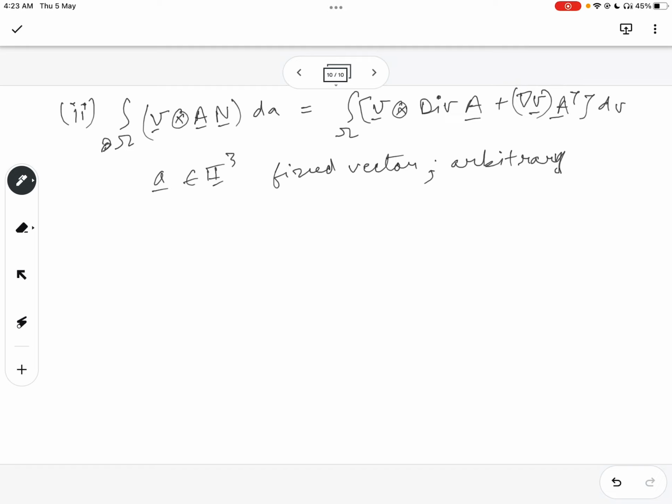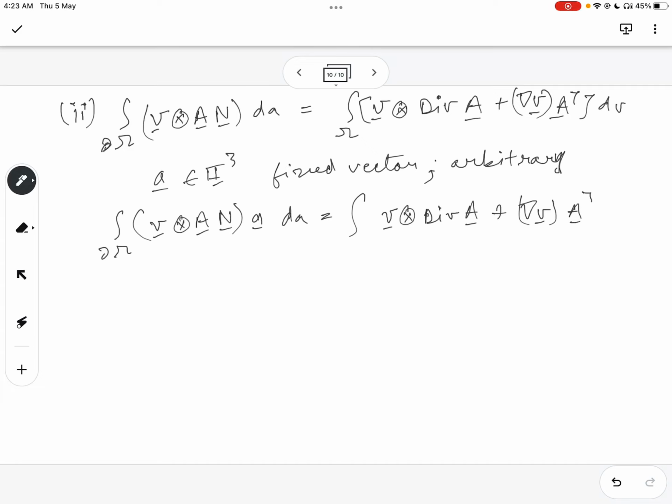and applying the tensor on both sides to a, we have the integral over del omega of (v diadic A) n acting on a dA is equal to the integral of (v diadic divergence of A plus gradient of v acting on A transpose) acting on a dV. Let's work on the left hand side again.